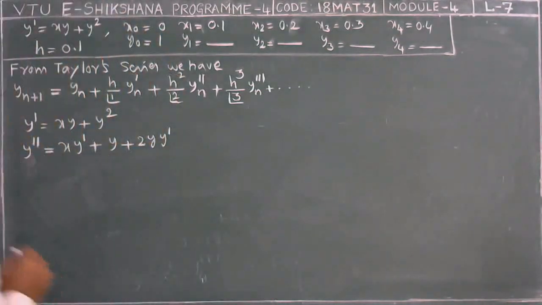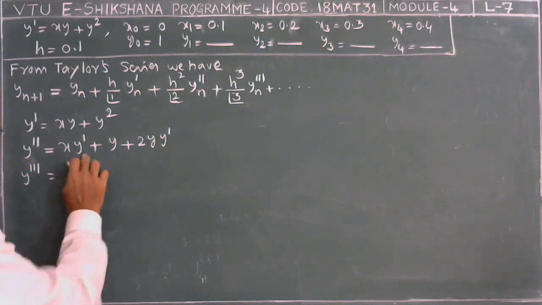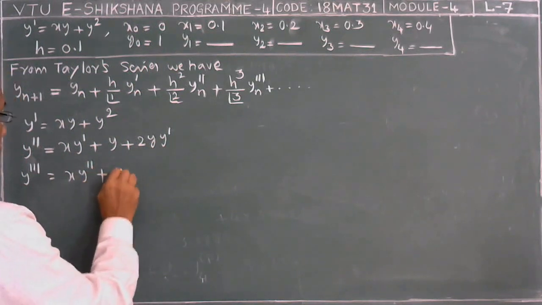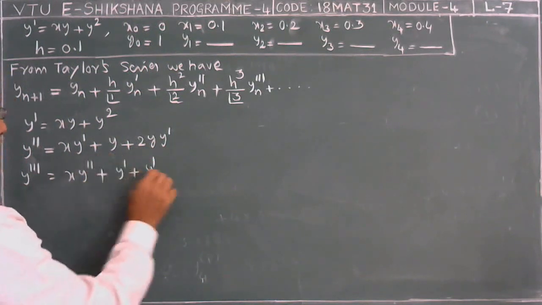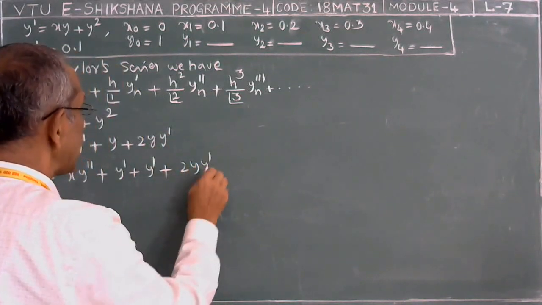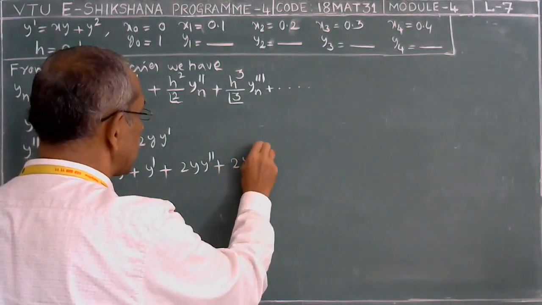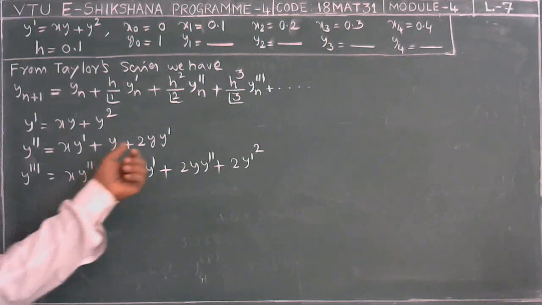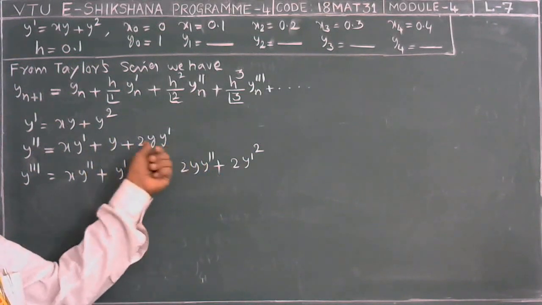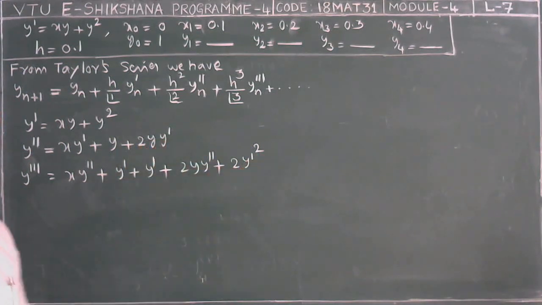So I need the third derivative also. So y triple dash, again by the product rule, is x into y double dash plus y dash, plus y dash, plus again the product rule, 2 into y double dash, plus 2y dash square. 2 into y, differentiation of y dash, y double dash, plus 2 into y dash into differentiation of y dash, so 2 into y dash square.